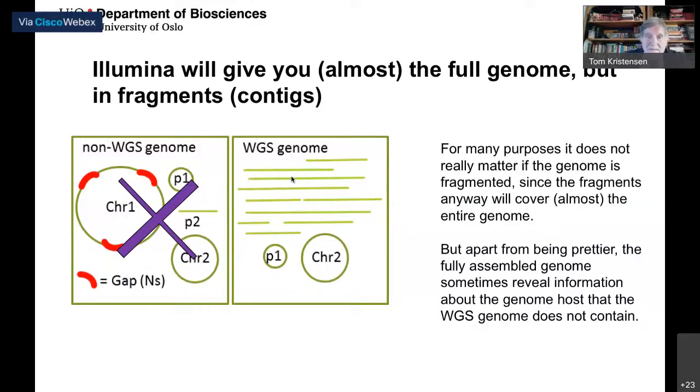And again, for many purposes, it doesn't really matter if the genome is fragmented, because the fragments anyway will cover at least most of the genome.